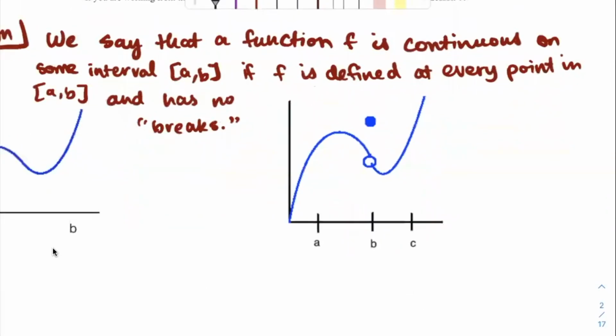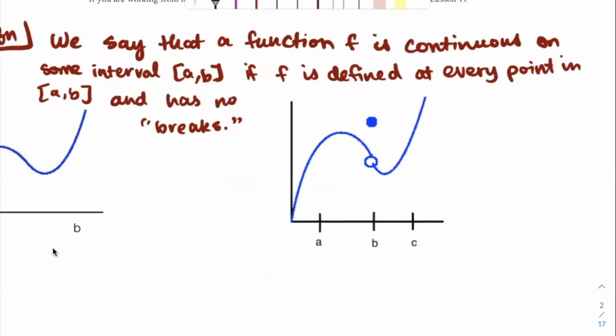While this one, on the other hand, has this break at the point B. What this picture means is that the function is defined to be whatever points on the curve away from B, but at B, this is the value of the function, not this point here. And so this function is said to have a discontinuity at B. That just means that it's not continuous at B. B is the point where the break occurs.